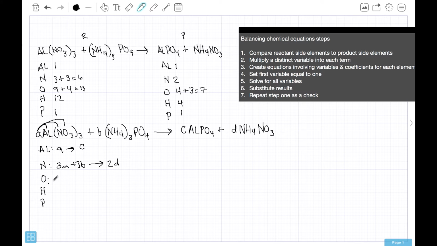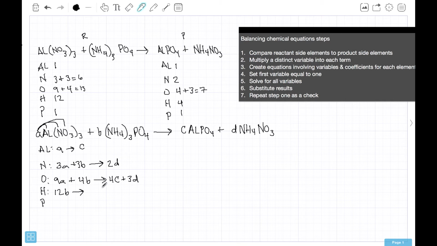Then in considering oxygen, we have 9 oxygens. So 9 A in the first term and 4 B in the second term. Then for oxygen, we have 4 C in the first term plus 3 D in the second. Considering hydrogen, we have 12 in the second term.